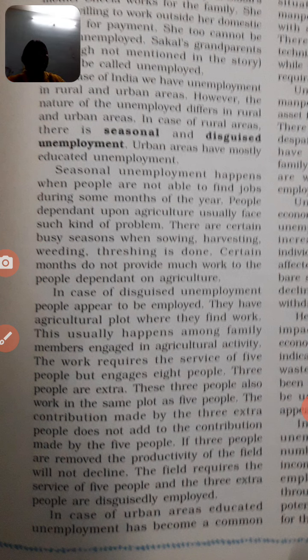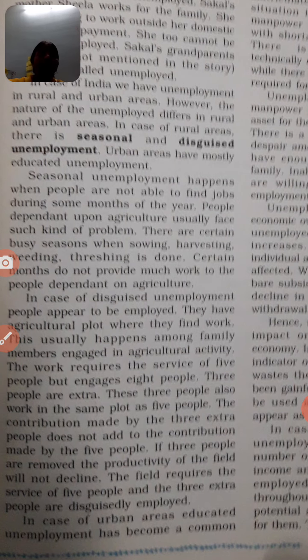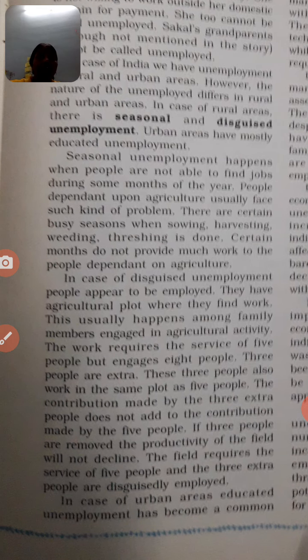So if 3 people are removed, the productivity of the field will not decline. It means the 3 people were actually not required; they were not increasing anything in the total production. Total production is the same whether 2 people work or 5 people work.